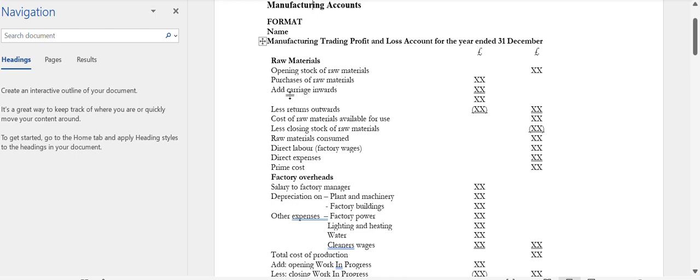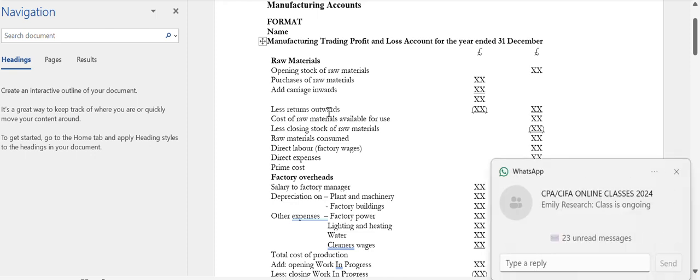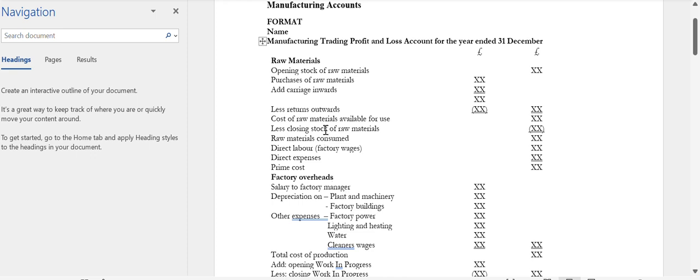If there was carriage inward, you add, and less return outward if there were some goods that were returned after purchases. Then we have also the closing stock of raw material, so that now you get the direct material. This raw material consumed is what we call direct material.